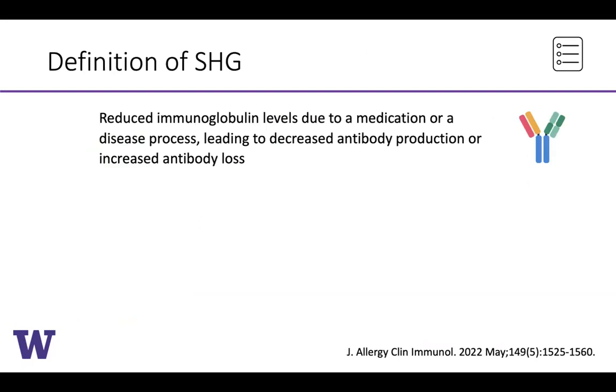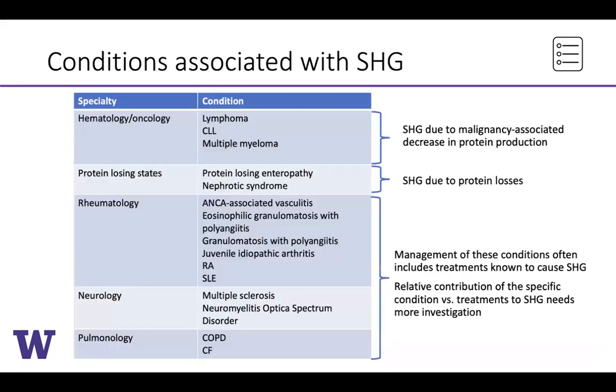Now, in terms of secondary hypogammaglobulinemia, which we'll spend most of the talk on, we all are familiar with the definition. It's here: reduced immunoglobulin levels due to a medication or a disease process leading to a decreased antibody production or increased antibody loss. So conditions that can be associated with this are listed here.